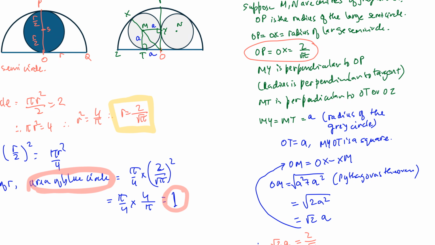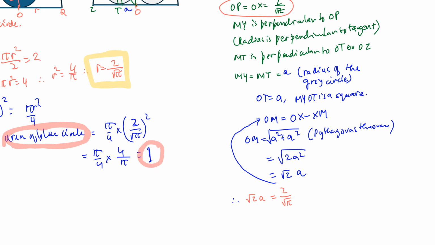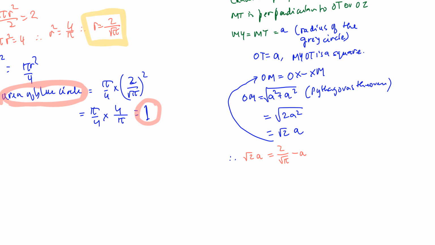So XM is equal to A. It's also the radius. So we get root 2 plus 1 times A is 2 over root pi.